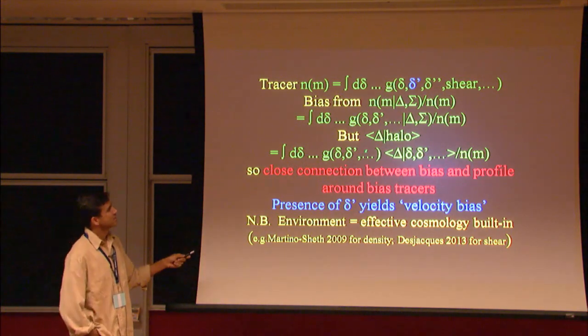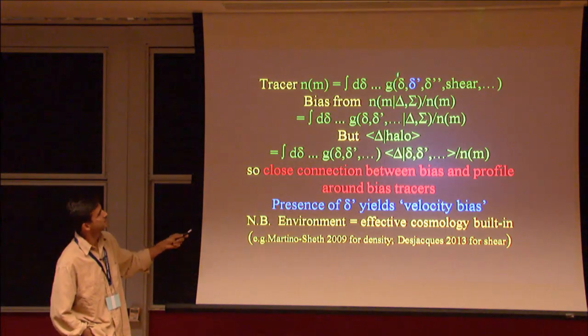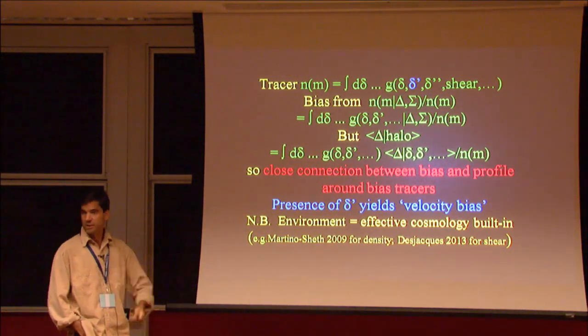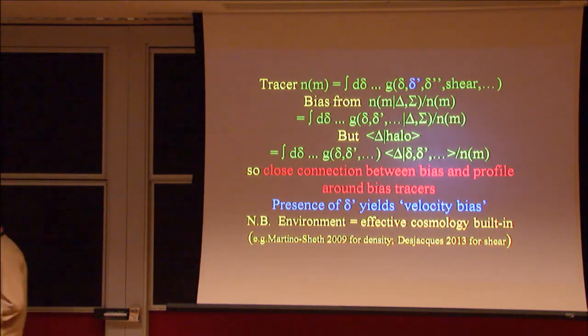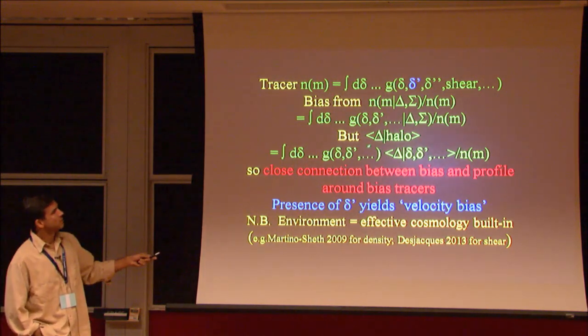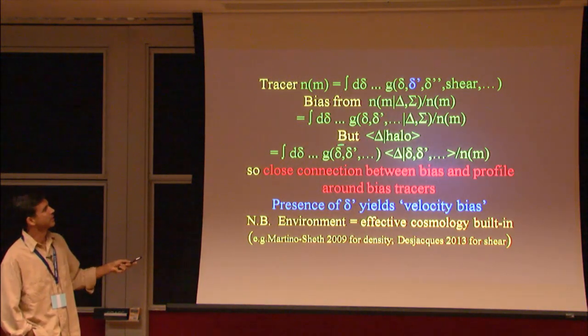And so that's just some conditional distribution, right? Given that you're sitting on a halo, so sitting on a halo is this big guy here, you want the large-scale density given all the constraints. And then you just do this integral. So this shows clearly that this density profile, given that you're centered on a halo, is going to depend on all the constraints that you put.